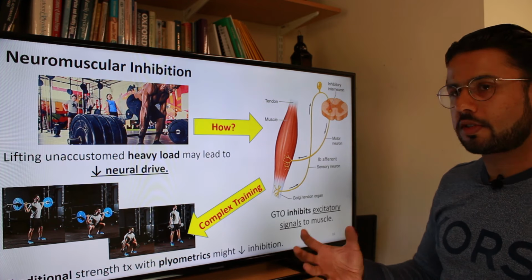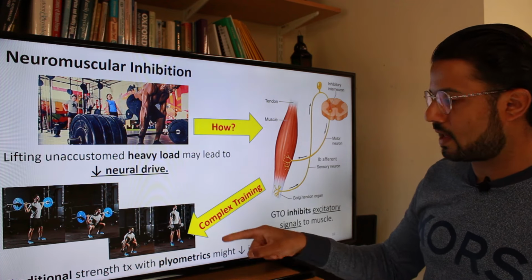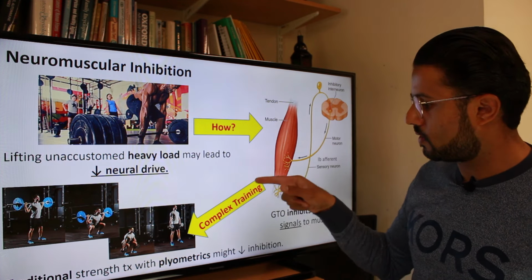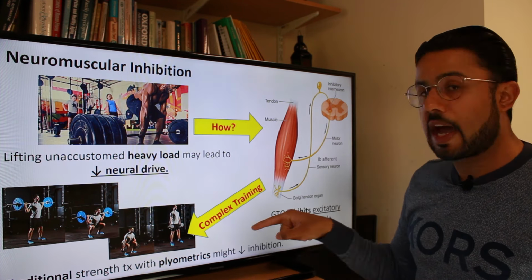There are lots of different complexes that your coach could advise you to do, but there is scientific evidence to suggest that complex training can reduce this inhibitory signal. So choosing the right training will depend upon what you want to achieve in terms of the outcomes of your sport, but it's very important to understand these physiological changes that are happening.